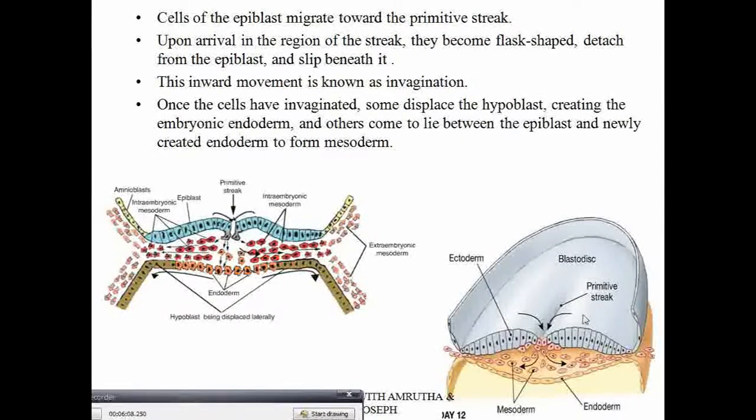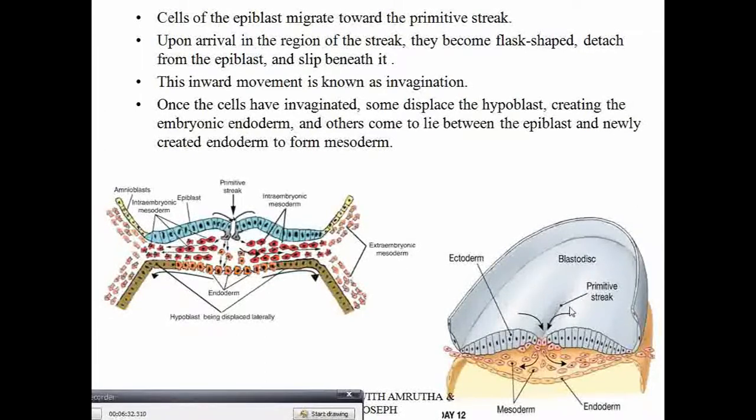If they were columnar, they become flask shaped, detach from the epiblast, and slip into the primitive streak, where we have the primitive groove also. So they just slip into the primitive groove, as here the cells are slipping from the epiblast.